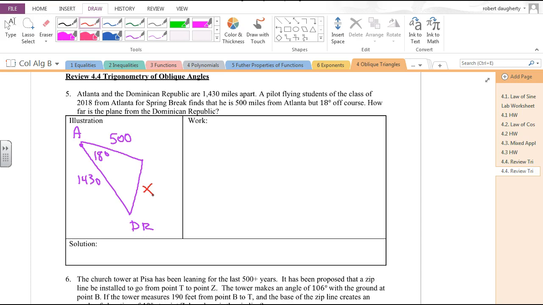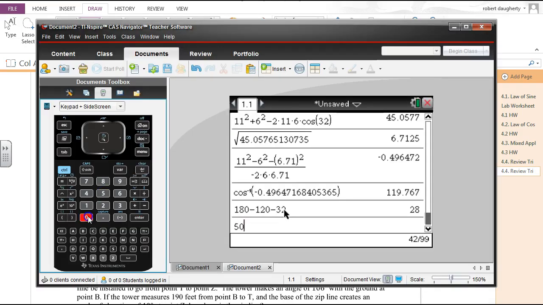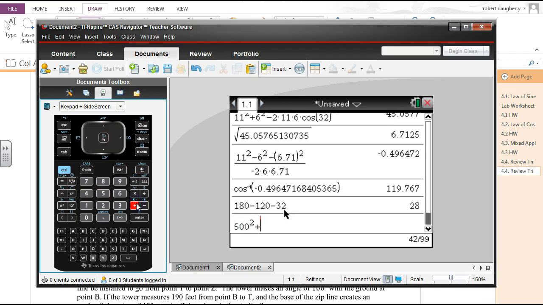So applying the law of cosine, x squared is going to be equal to 500 squared plus 1430 squared minus 2 times 500 times 1430 times the cosine of that 18-degree angle. So it's just a matter of putting all of that in the calculator. 500, 1430, and the 18. So what is 500 squared plus 1430 squared?